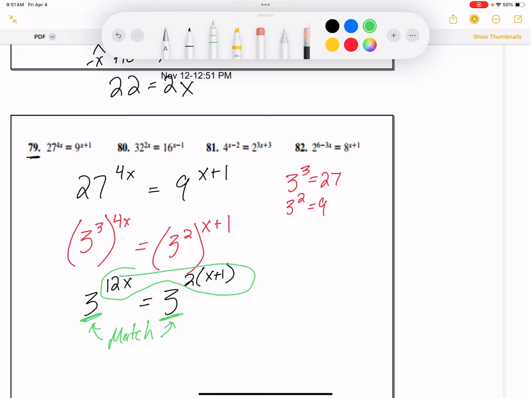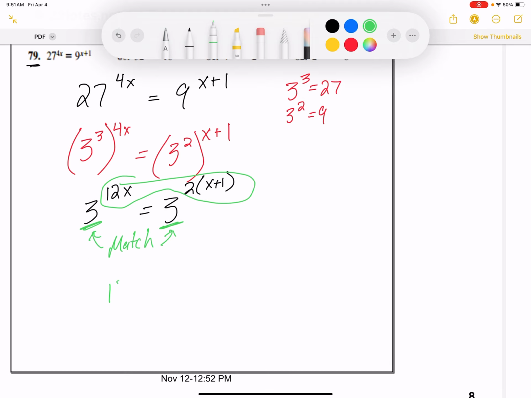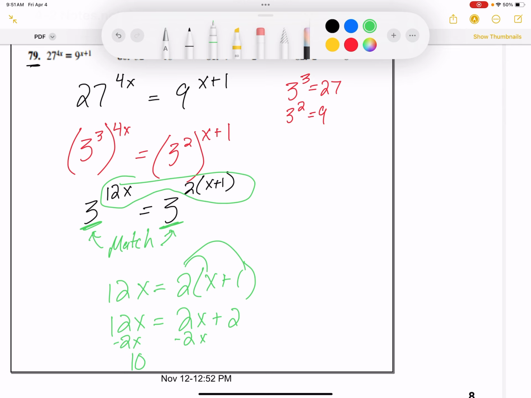When my bases match, 12x equals 2 times x plus 1. The 2 distributes. That's 2x plus 2 equals 12x. Subtract 2x, subtract 2x. I got 10x equals 2. So x equals 2/10, which is 1/5.